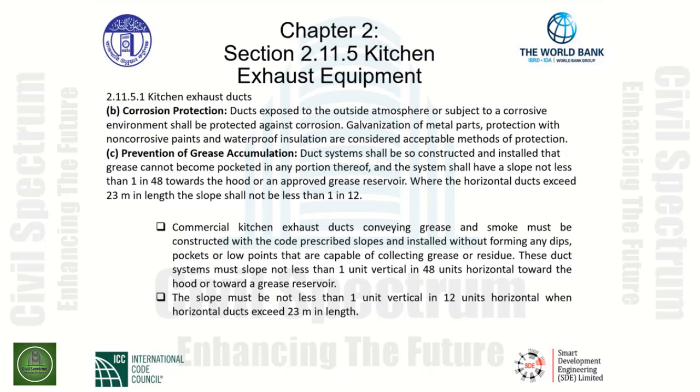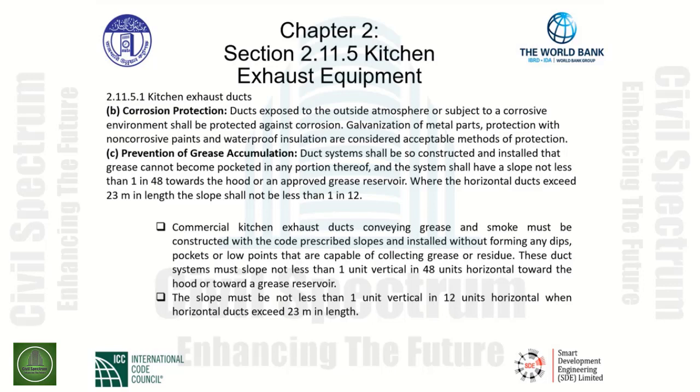Where the horizontal ducts exceed 23 meters in length, the slope shall not be less than 1/12. This particular section reinforces the fact that we need to have drainage back towards the hood or an approved grease reservoir to allow the grease to run down and be collected at an approved location.